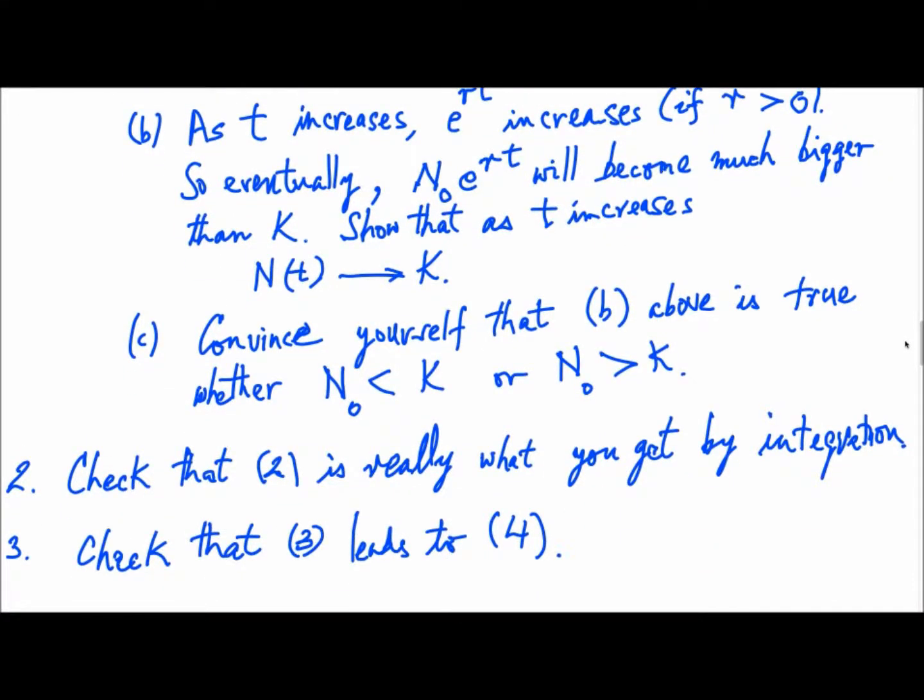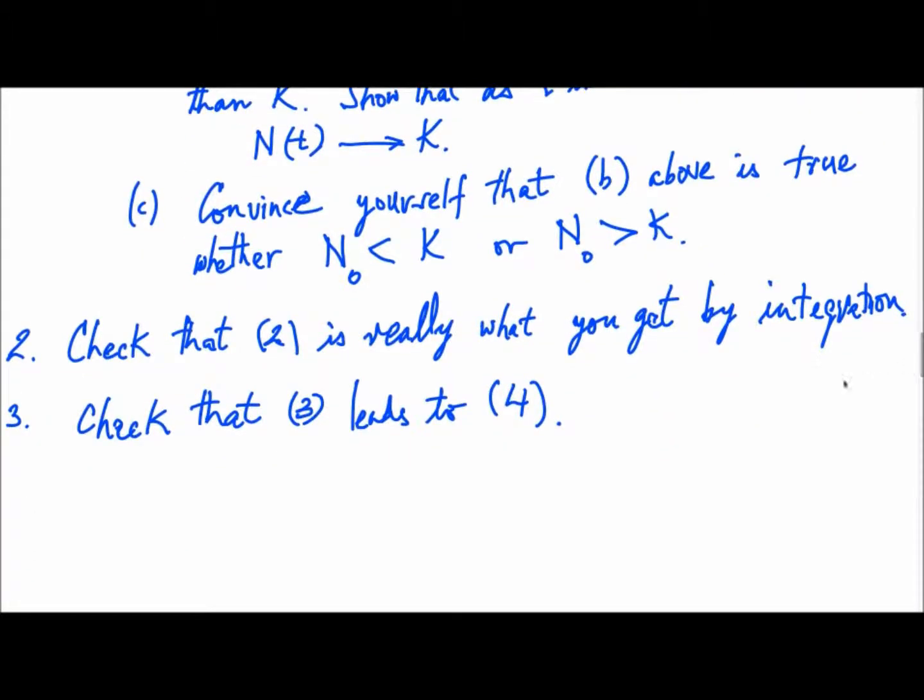And that's nice. I mean, this tells us that the logistic equation, you start from any population value, population size will change, and eventually it'll reach K. The last bit here, part C, is to convince yourself, using the solution, that this limiting behavior is true whether you start at a population size above carrying capacity or below carrying capacity, K. The other two problems here are just algebra to make you verify that the steps that we've outlined in these notes are in fact algebraically correct.